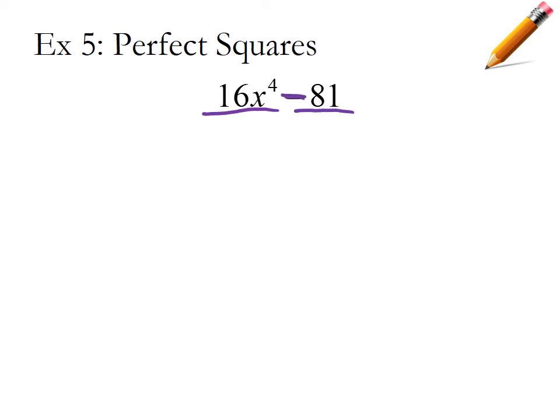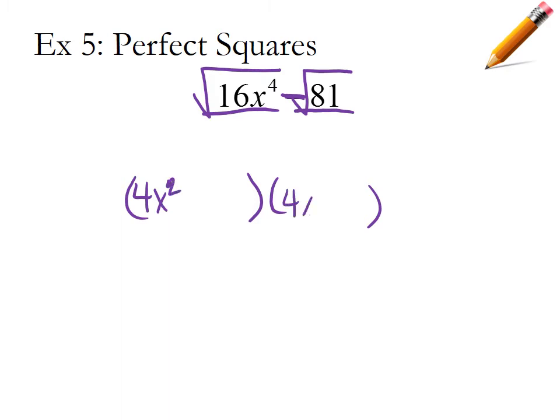And we have a minus sign. When those three all happen, we can just jump straight to perfect squares, meaning square root, that gives me a 4x squared and a 4x squared, gives me a 9 and a 9. And remember, your signs are opposite.